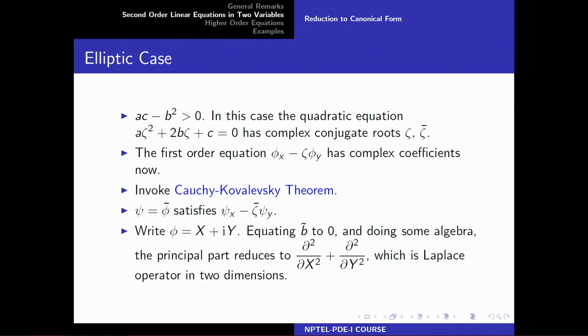But in practical problems, when you want to quickly find out a solution of this one, for example, if zeta is just a constant, we can imitate the method of characteristics to guess a solution of this first order equation, namely phi sub x minus zeta phi sub y equal to 0.